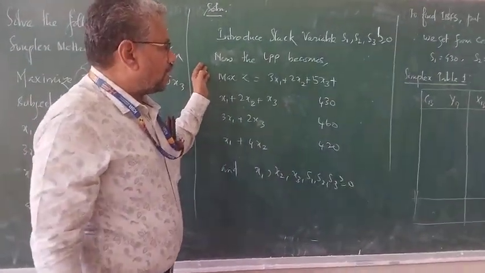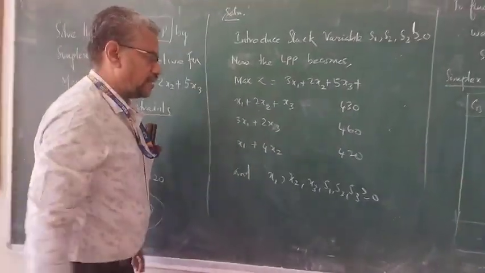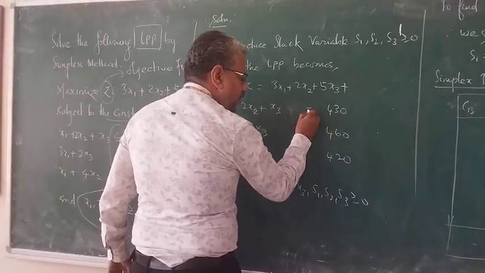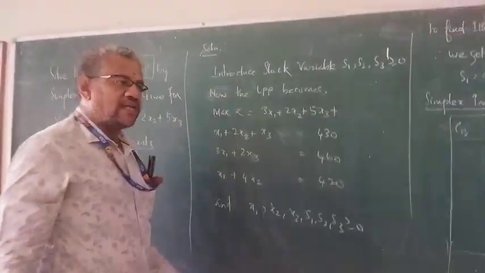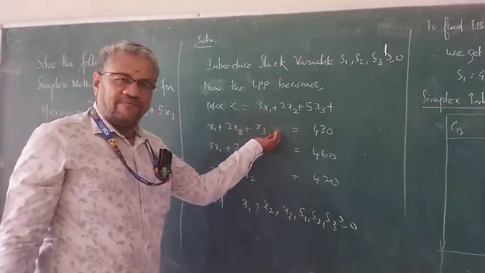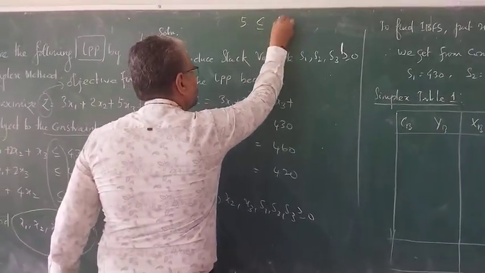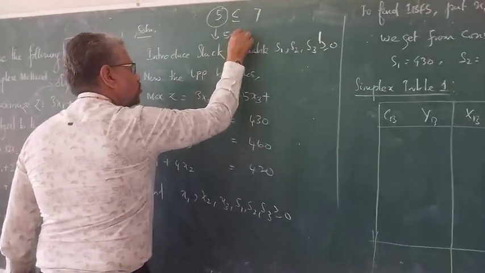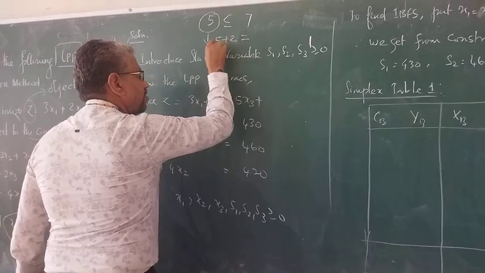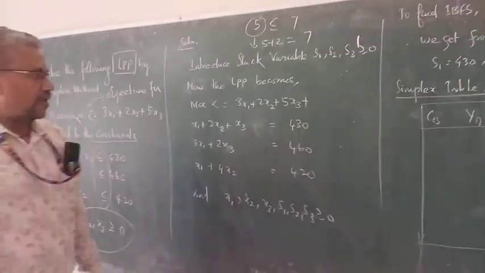First of all, we have to convert the inequality sign into equality sign. Suppose less than is to be converted into equality, obviously we will have to add some value to the left hand side. For example, 5 is less than or equal to 7, which means we have to add 2, 5 plus 2, then only the left hand side will be equal to the right hand side value of 7.